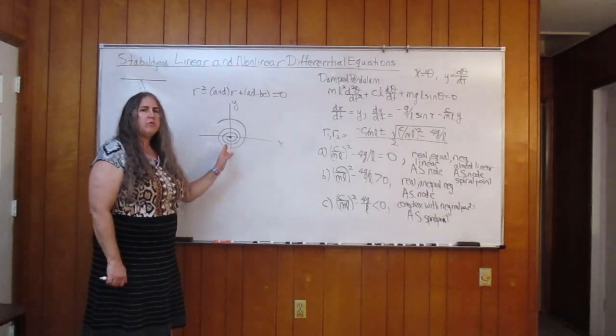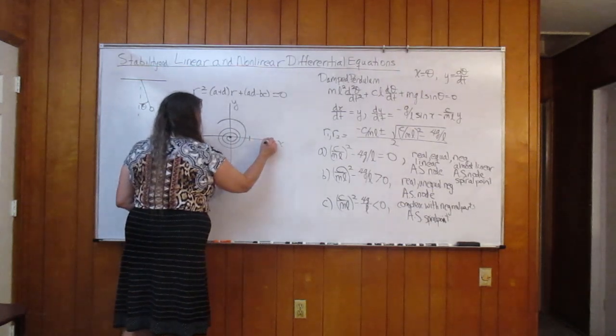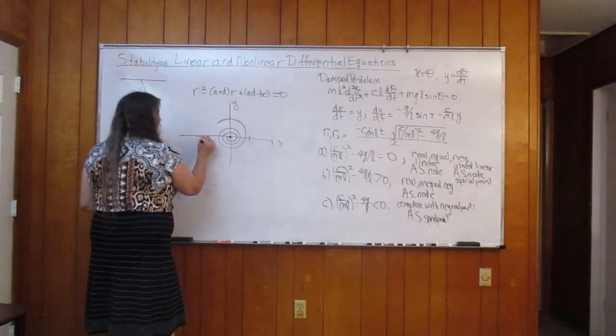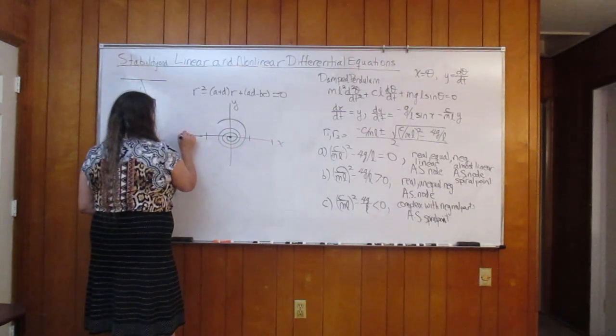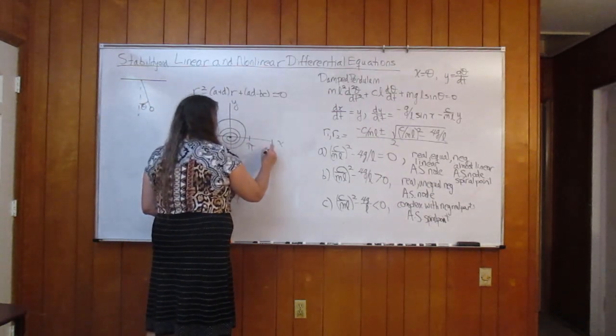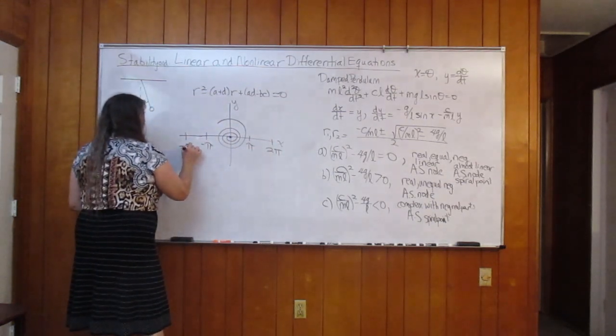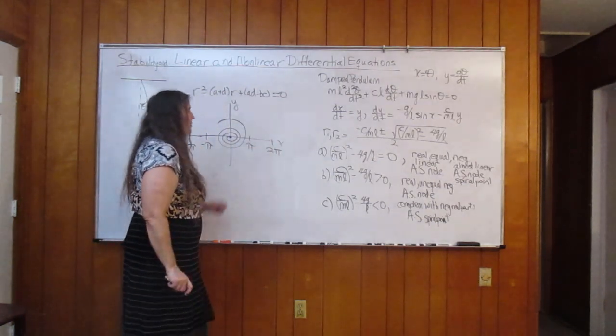But x equals 0, y equals 0 is not the only critical point. In fact, there's a series of critical points that lie along the x-axis. Critical points at x equals pi, 2 pi, minus 2 pi, and so forth.